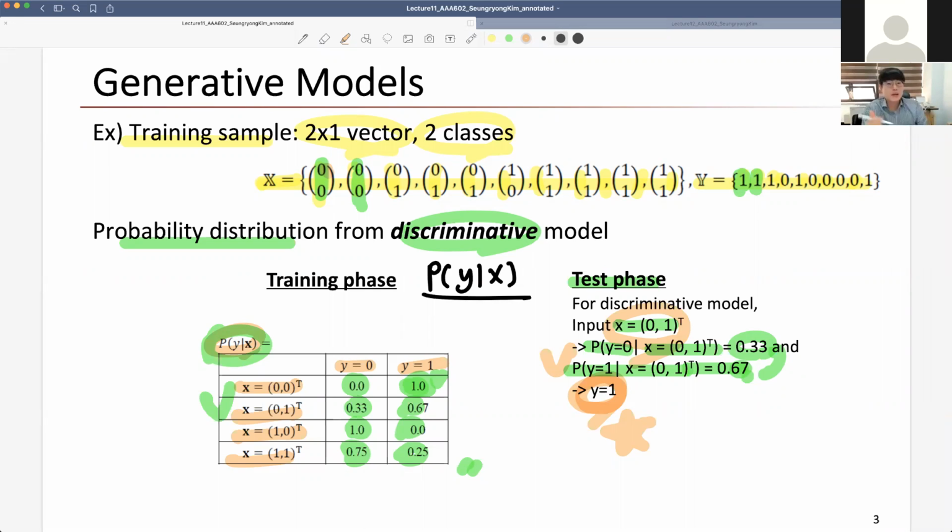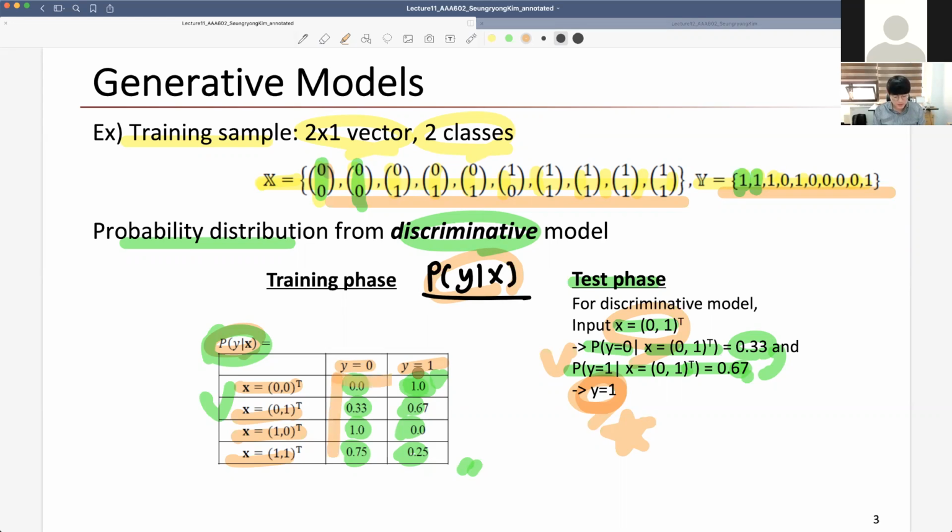Okay, so let me show some examples of the generative model. Let's say we have an input vector, a 2 by 1 vector, like this one. And let's say we have a corresponding label y, like this. The probability distribution from the discriminative model is defined something like this. We have to find the conditional probability of y given x.